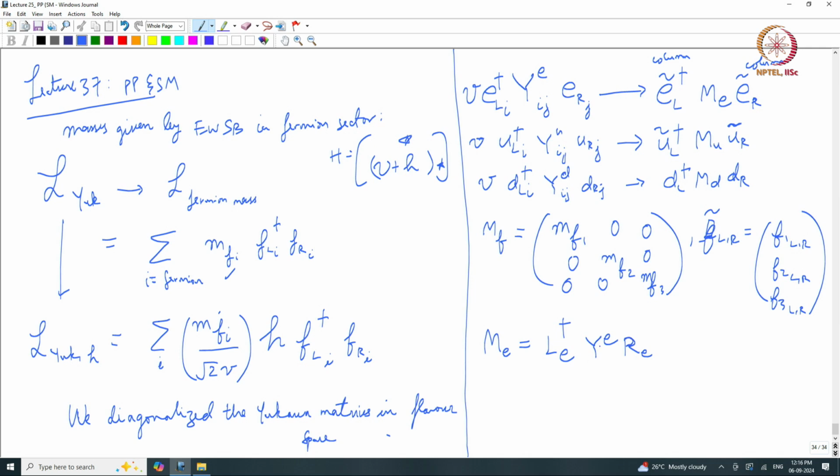I had to rotate the Y_E matrix in one direction with some unitary matrix, and yet another unitary matrix rotated in another direction in order to get the diagonals, correct. Remember this from linear algebra? That is how I diagonalize matrices, right. So, these two are unitary matrices that did this for me. Okay.